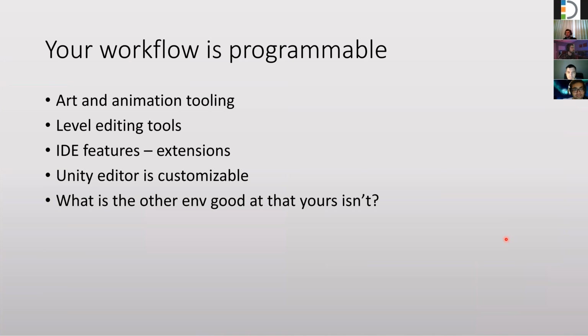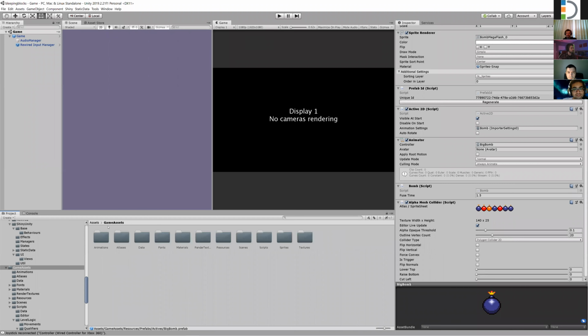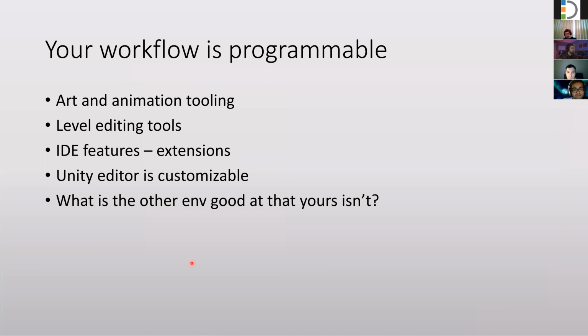Let me show one more thing. One of my points here is that you can sort of optimize your workflow. You can take inspiration from other tools, other IDEs, other level editors, and apply them to what you're using. So in our case, I tried to emulate a lot of Fusion's workflow in Unity.